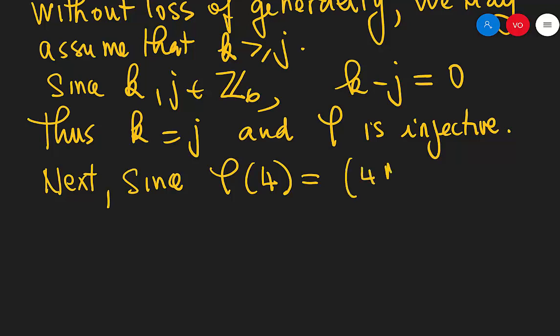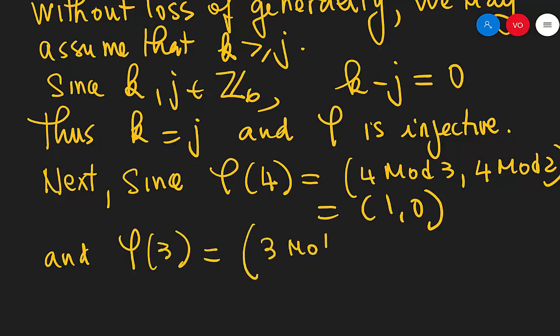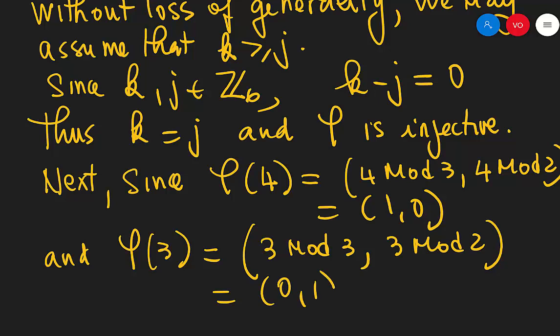Because we have 4 mod 3 and then 4 mod 2, that'll be (1, 0). And what is phi of 3? Phi of 3 will be 3 mod 3 and 3 mod 2. That's (0, 1).